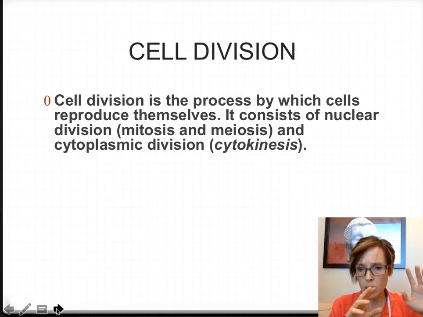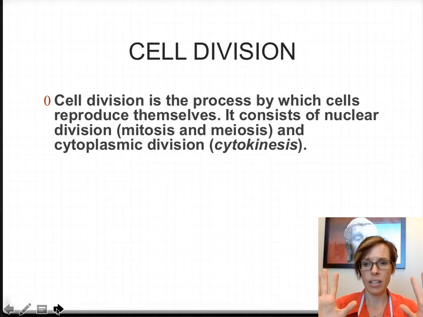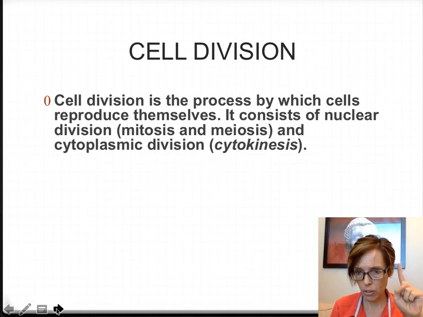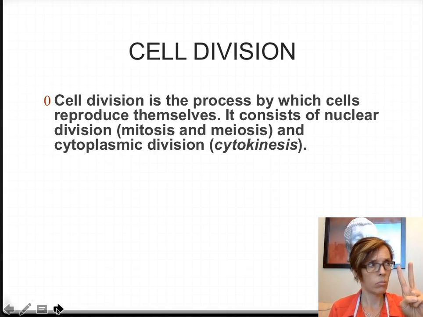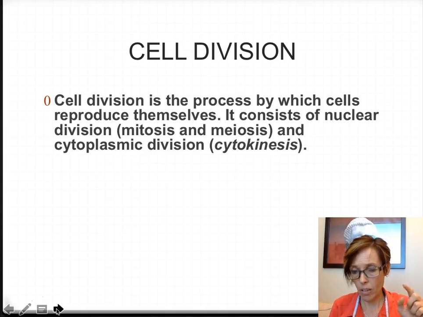Mitosis is basically everything, except when you're making either a sperm cell or an egg cell. Meiosis is if your end product is a sperm cell or an egg cell.